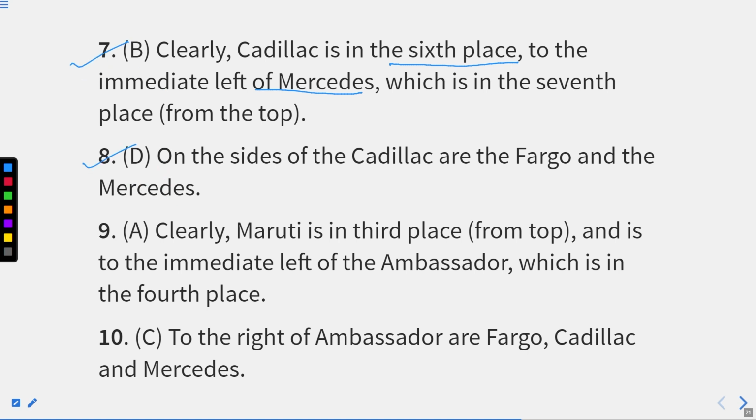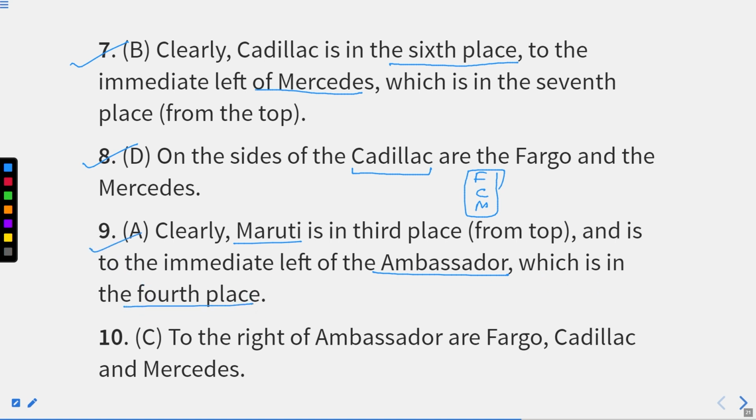Now similarly, eighth question, on the sides of Cadillac are Farrago and Mercedes, because we were asked to find the neighbors. We know that Cadillac, Mercedes and Farrago is the sequence. Question number 9 says that Maruti is in the third place from top, we know this, and is immediate left to Ambassador, which is in fourth place, we know this also.